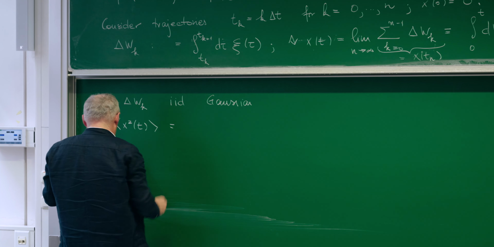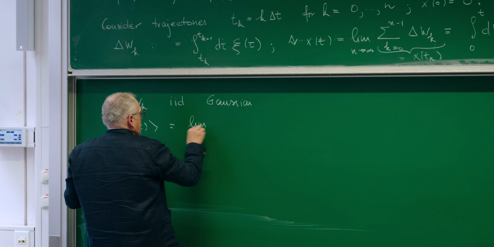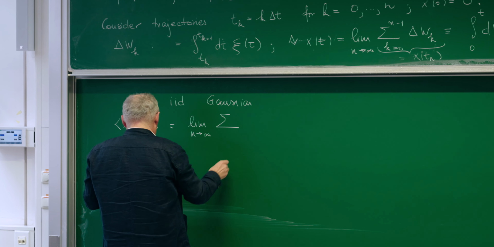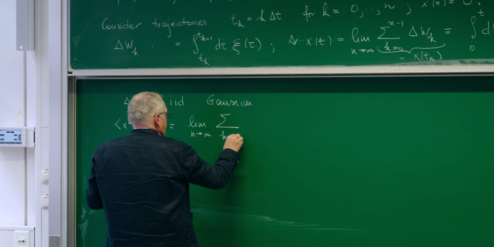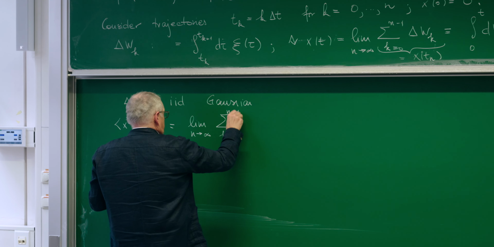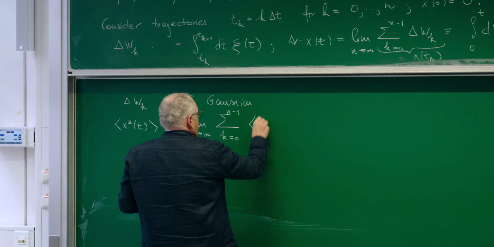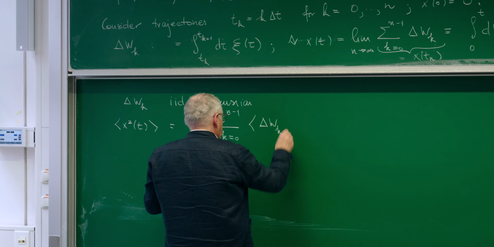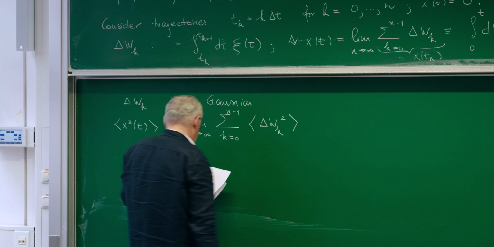Then we just insert here the corresponding values for the Wiener increments from 0 to n minus 1, and I take the average, where I have to take now the average of the squares.